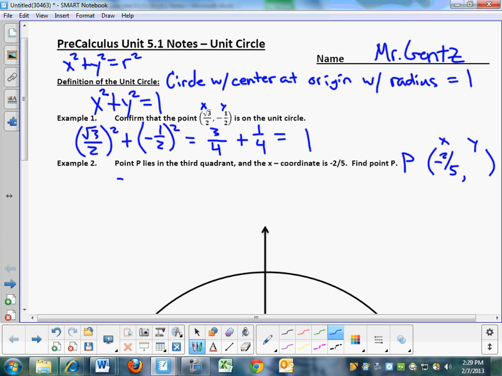So we can set this up. Negative 2/5 squared plus y squared equals 1. That equation tells us that 4 over 25 plus y squared is equal to 1.